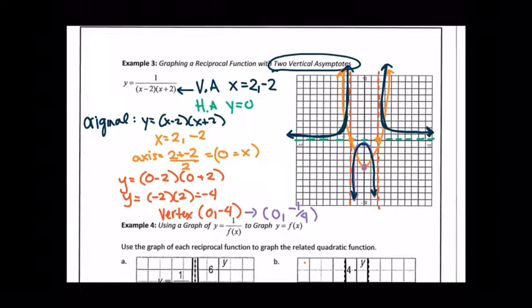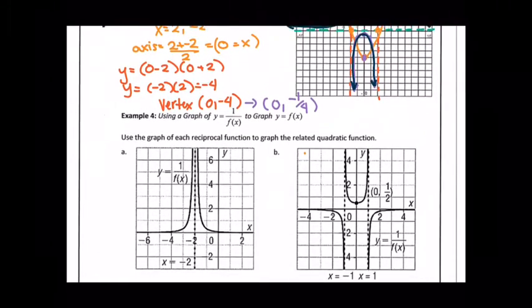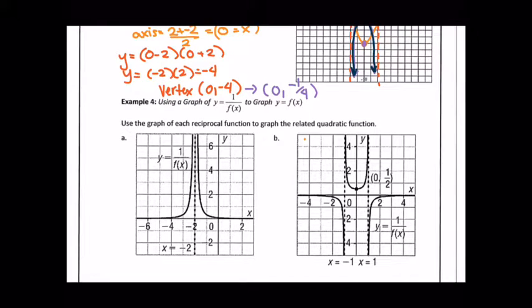And that's what your reciprocal function looks like for something that has two of those vertical asymptotes and the parabola opens up. So the last example 4, they give you our graph now and they just want us to graph the original graph, quadratic graph from the reciprocal function here. So this is one of our first ones that we did for example 4a. This only has one vertical asymptote.